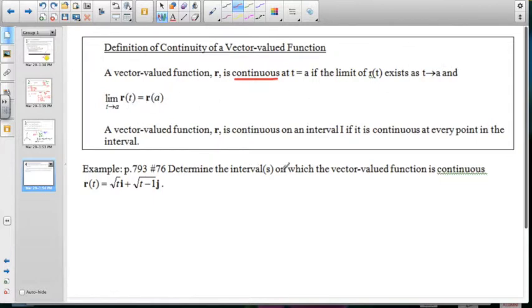And so when we talk about where this is continuous, again, we're talking about where these values can be real and defined. And so we just take it component by component, like we've done in the past couple of sheets. We know that when we take the square root of a number, that number has got to be positive to get a real solution.